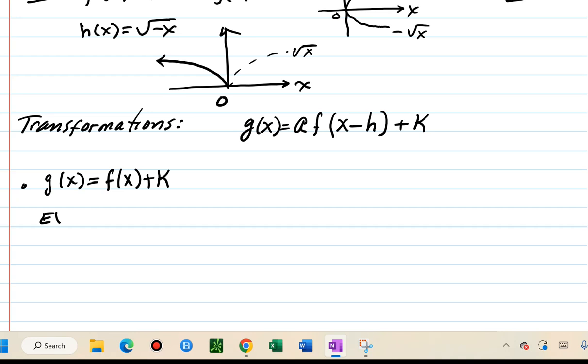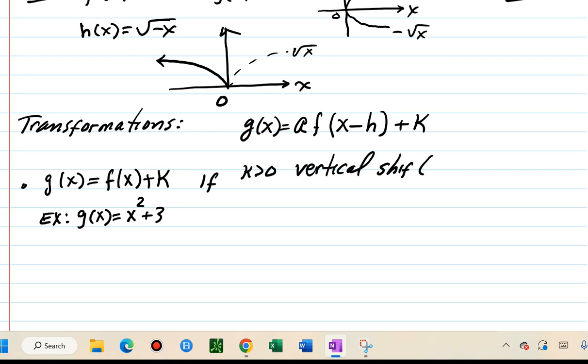okay, an example, g of x is the square function plus 3. There you go. Just a number by itself, not mixed in with x, outside of x, the basic function. So for this one, if k is positive, then there's going to be a vertical shift of f of x by k units.